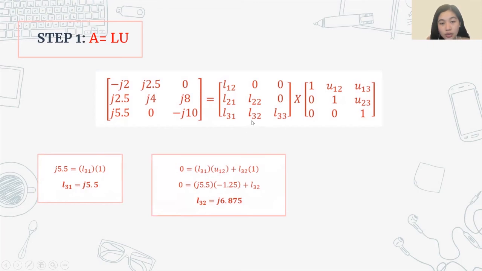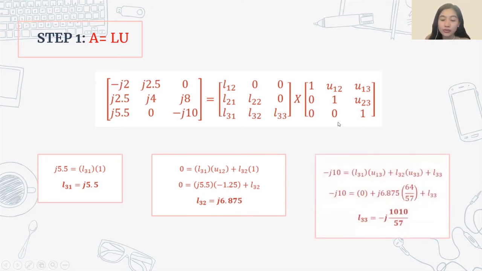So our L32 times our value of 1 and L33 times 0. So hindi na lang nilagay but that's plus 0. So hindi naman siya magbabago. And now we are just going to substitute the values. L31 is equivalent to J5.5, U12 is negative 1.25, and our L32 is the value to be solved. So by means of solving the equation, L32 is equivalent to J6.875.